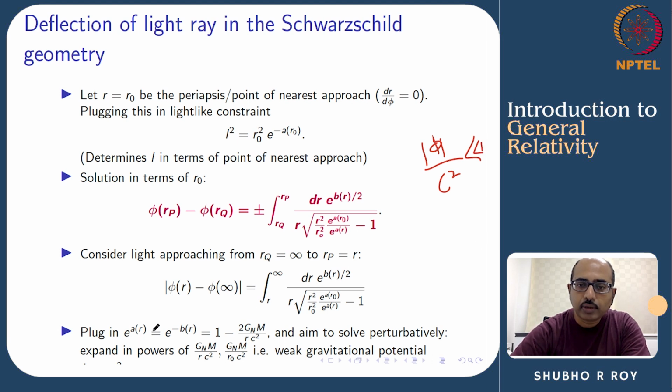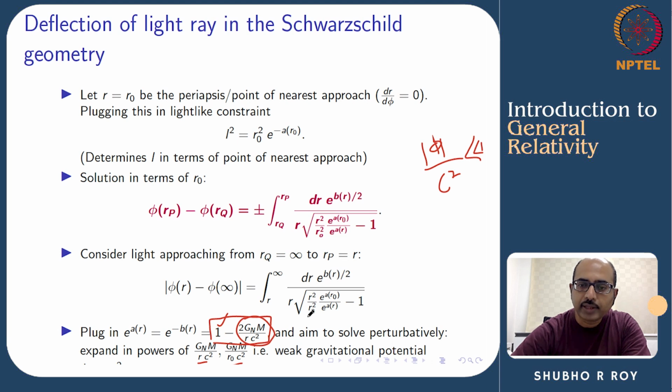And then e raised to the a of r and e raised to the a of r0 can be written at this point, and you can see this is nothing but twice phi over c squared. I will consider this quantity to be much smaller than 1 and then expand in powers of it. So expand in powers of GM over r c squared and GM over r0 c squared in both cases.